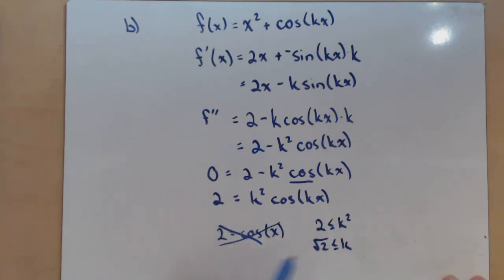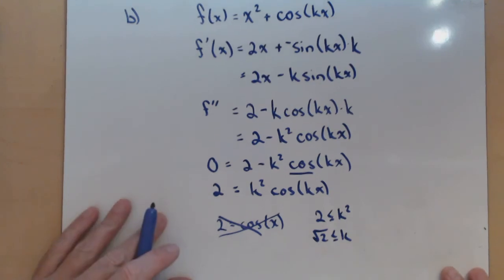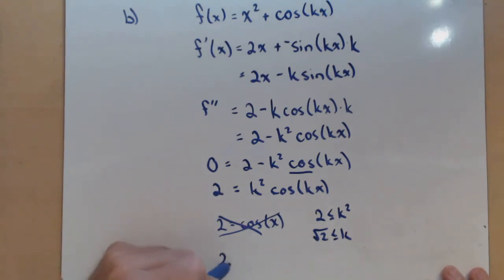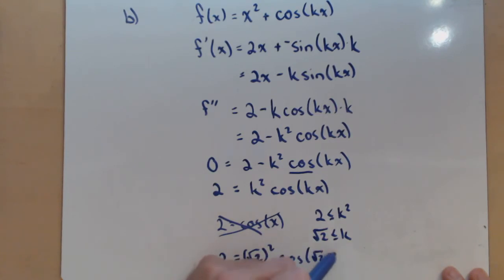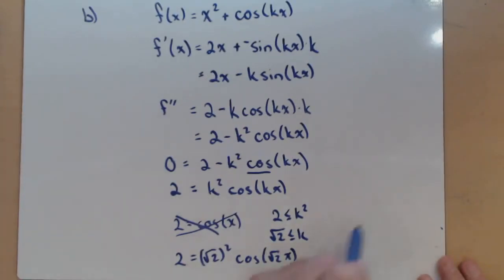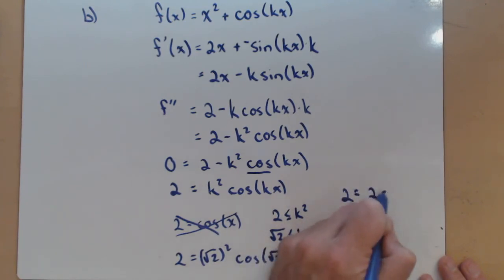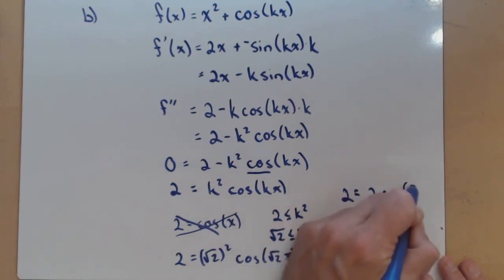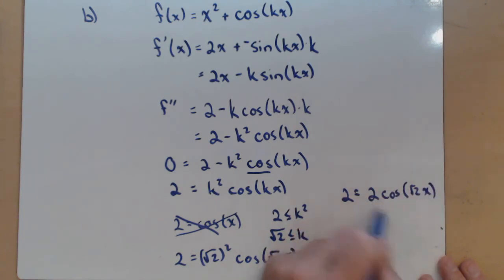For instance, let's say we use square root of 2 for k. We are going to get 2 equals square root of 2 squared times cosine times the square root of 2x, which is going to give us 2 equals 2 cosine square root of 2x.